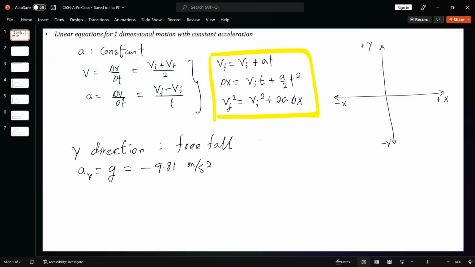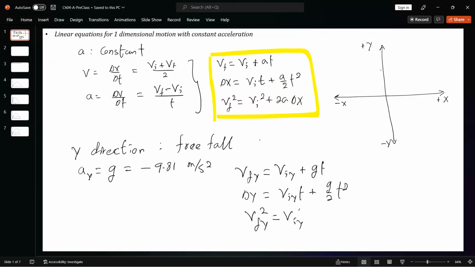As a result, I can rewrite all three equations. V final along y is equal to v initial plus gt, and delta y is equal to v initial y t plus g over 2 t to the power 2, and v final y square is equal to v initial y square plus 2g delta y.